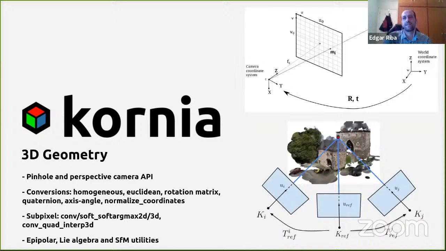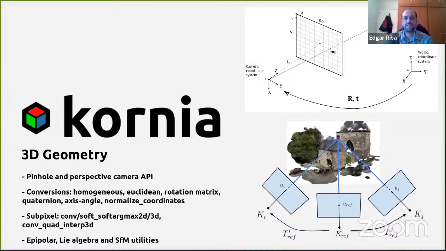So this is more or less the initial idea for the geometry package, and right now we are trying to expand more on 3D geometry. So we have this pinhole and perspective camera API, so that you could project and unproject points from the world to the image plane, and vice versa.